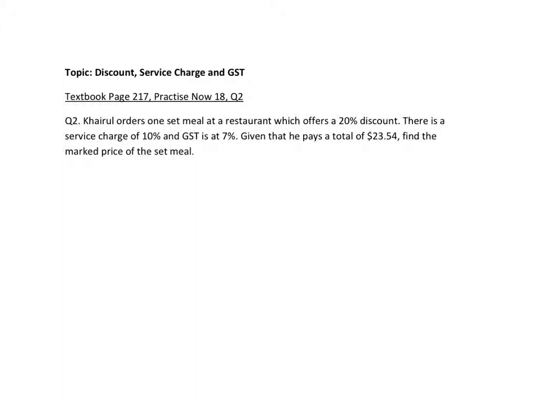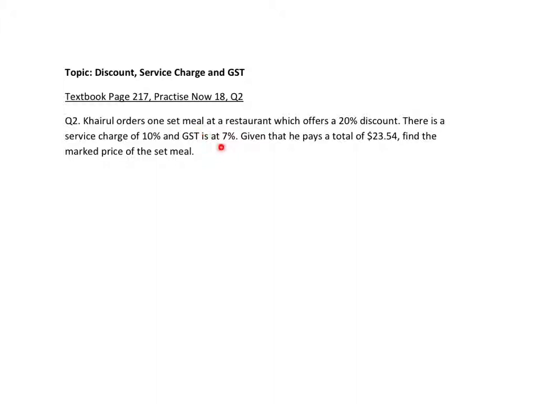For question 3, right now they include components like discount, service charge, and GST. It's quite a difficult question, so please follow me slowly. This person Kairu orders one set meal which offers a 20% discount, and it includes a 10% service charge and a GST of 7%.